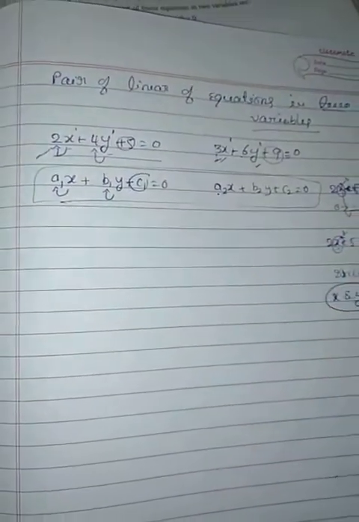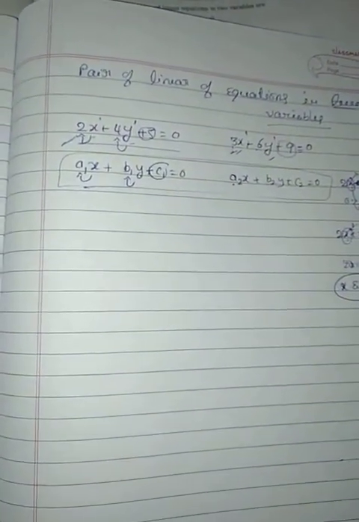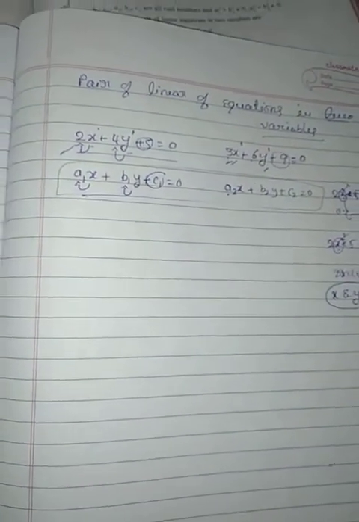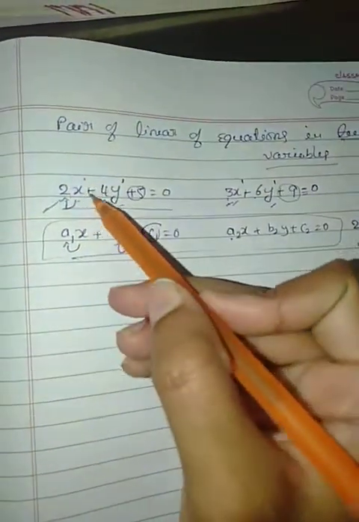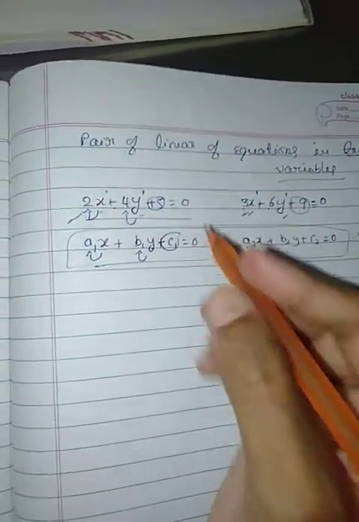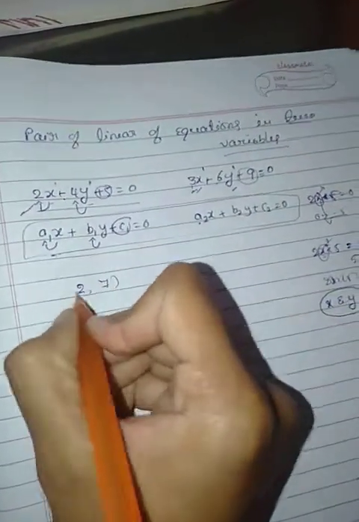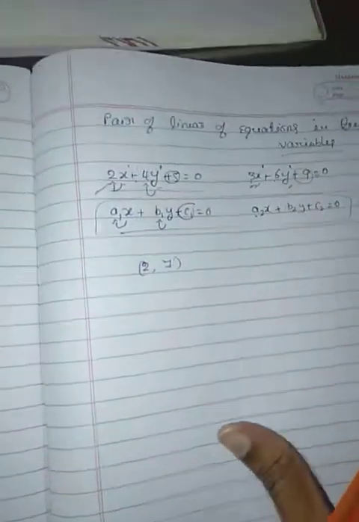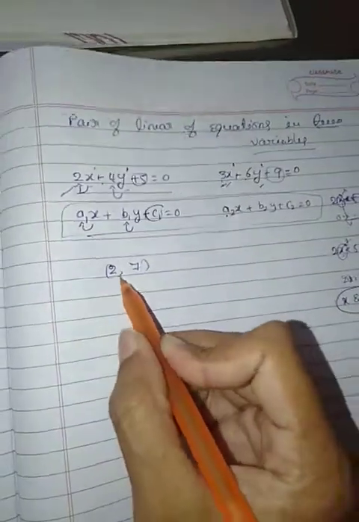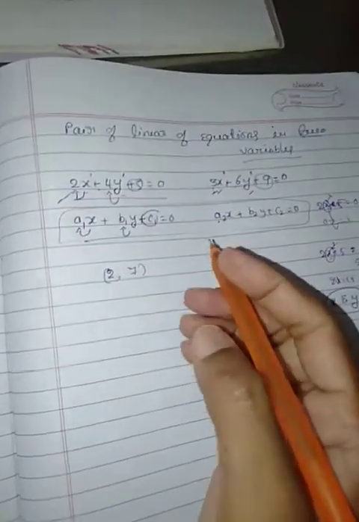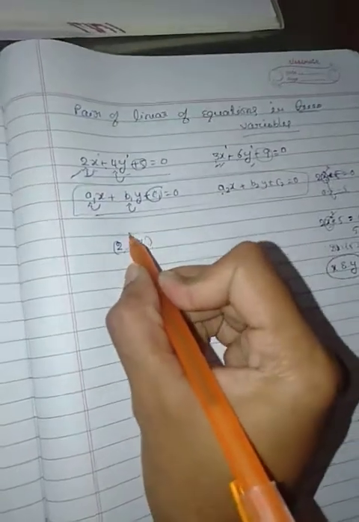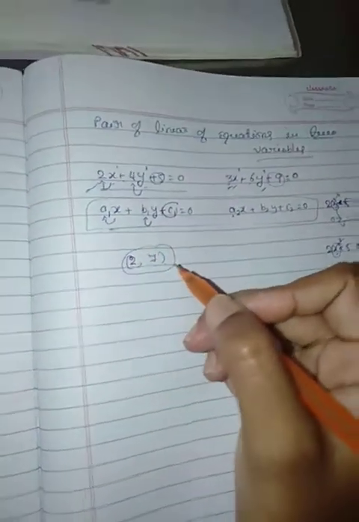These pair of linear equations can be represented by straight lines. If you find the value of x and y, for example, x value is 2 and y value is 7, I will give some examples. If x value is 2 and y value is 7, then this point will be represented on the line.